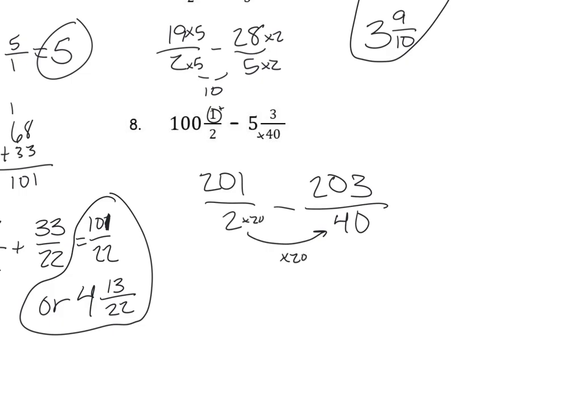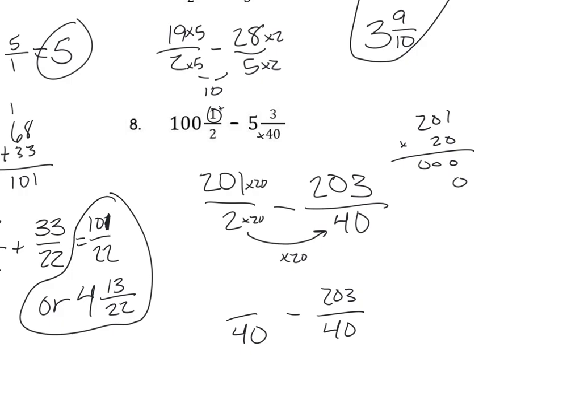So we're going to multiply the top and bottom of this one by 20, giving us 40, 40, 203, 201 times 20. Nothing on the first row. Add a 0. 2 times 1 is 2. 2 times 0 is 0. 2 times 2 is 4. We get 4,020.